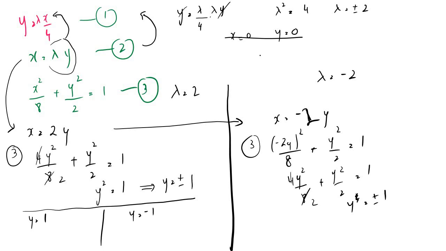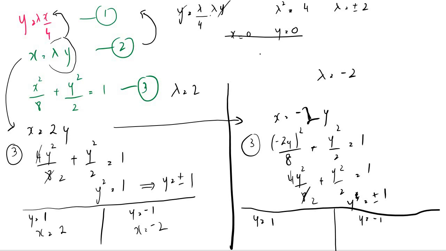When y is equal to 1 and lambda is equal to 2, x is equal to 2. When y is equal to minus 1, x is equal to minus 2. So also we can say when lambda is equal to minus 2, y is equal to 1, and when y is equal to minus 1.